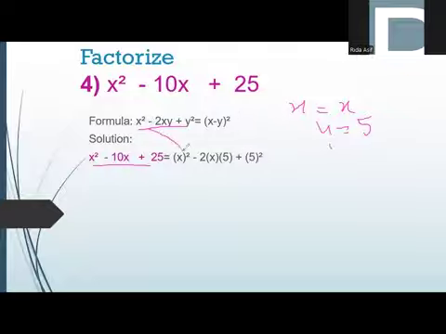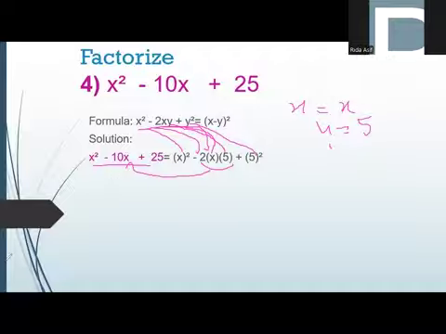We get x square minus 2 from the formula, x from, we know that x is equal to x, and y is equal to 5. What about plus y square? We get plus 5 square. So by multiplying 2 with 5, what do we get? We get 10. That means we have selected the correct formula here.